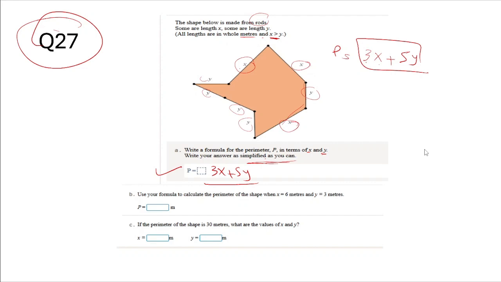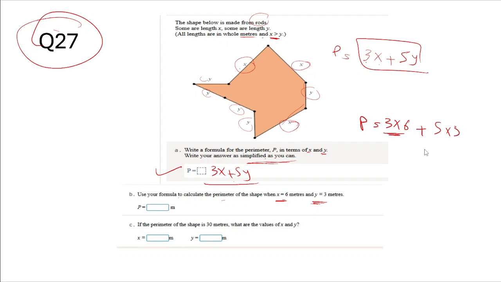Okay, question number B. Use your formula, the formula which we got, to calculate the perimeter of the shape when x equals 6 meters and y equals 3. So again, the perimeter will be 3 multiply x, which is 6, plus 5 multiply y, here is 3.